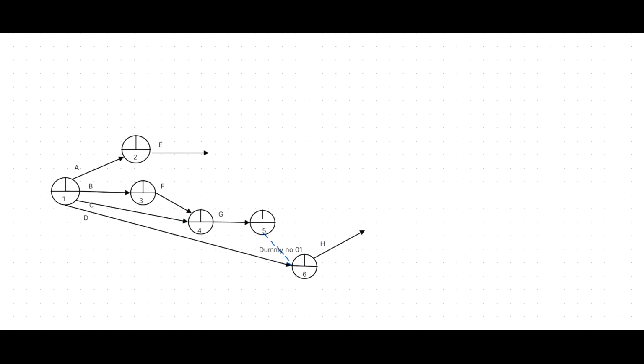Next one, for the I, we should complete EG. Here the E, G already completed. Again, you can use another dummy from the fifth event, representing complete G. So you can say the dummy number 2.